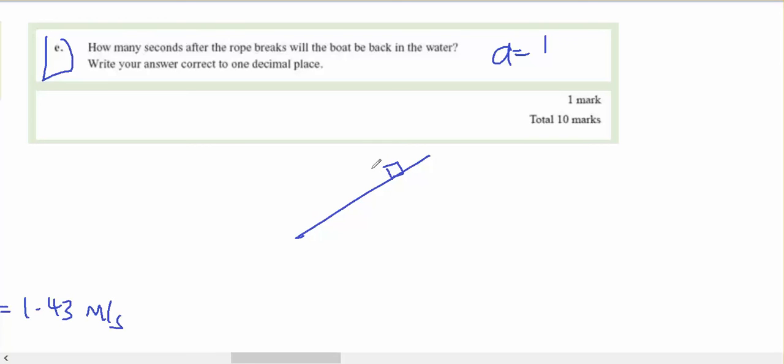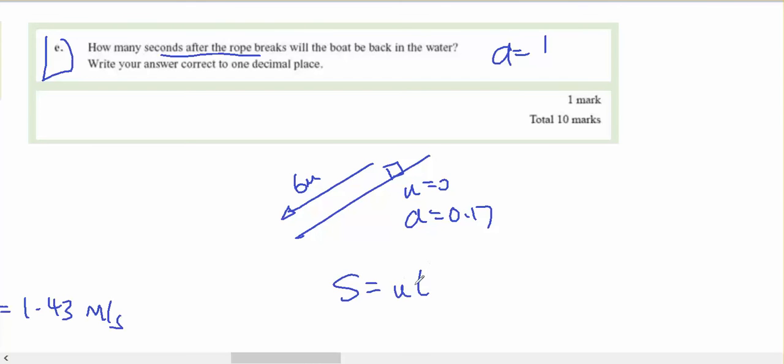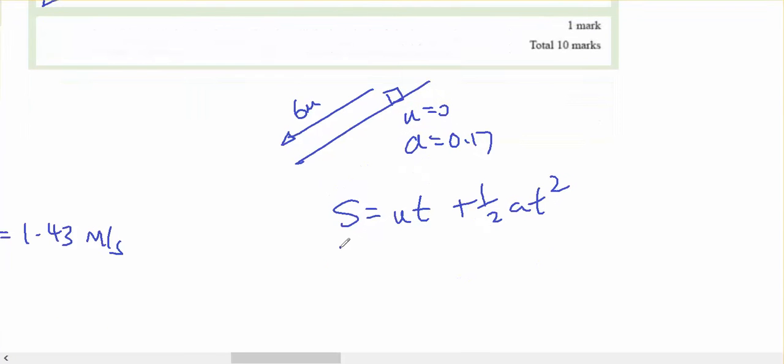So here it is, 6 meters away, and U equals 0, A equals 0.17. How many seconds after will it be back in the water? Well, S equals UT plus a half AT squared. 6 equals 0 plus a half times 0.17 times T squared.